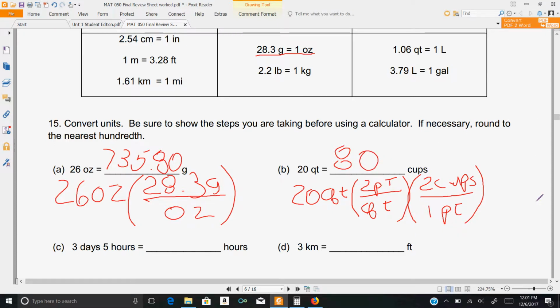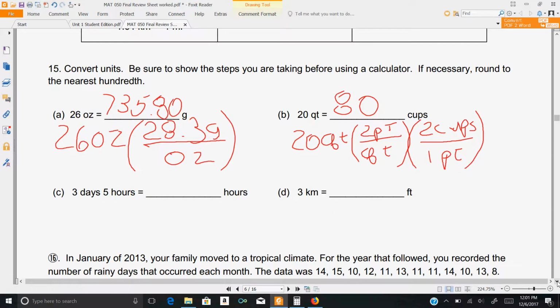3 days and 5 hours I need to convert to hours. And I'm going to do that. First of all, I'm going to convert the days to hours. Then I'm going to add. So 3 days times 24 hours per 1 day.